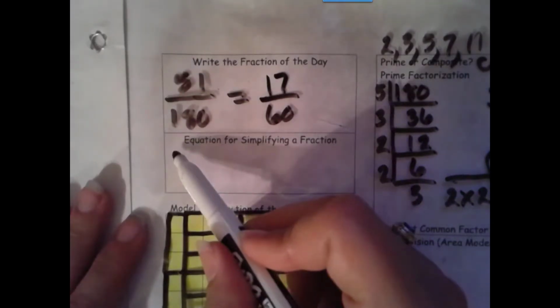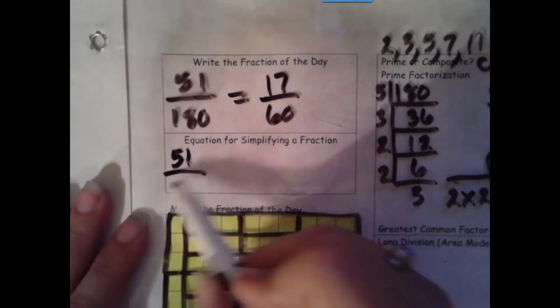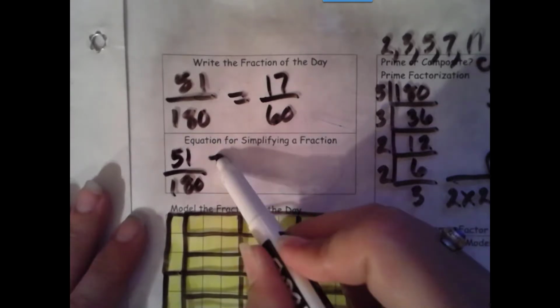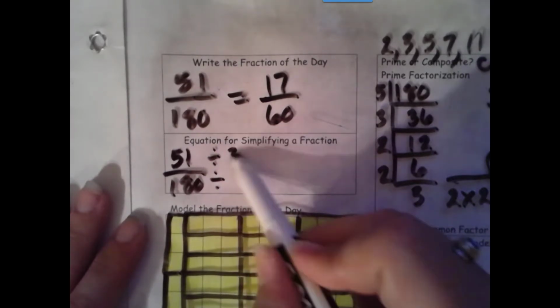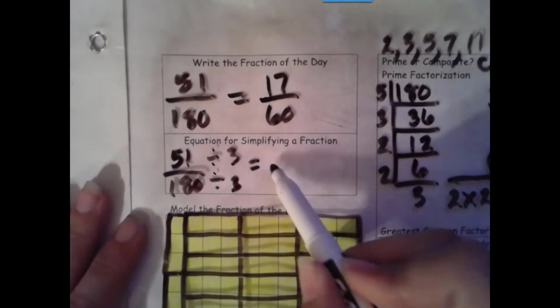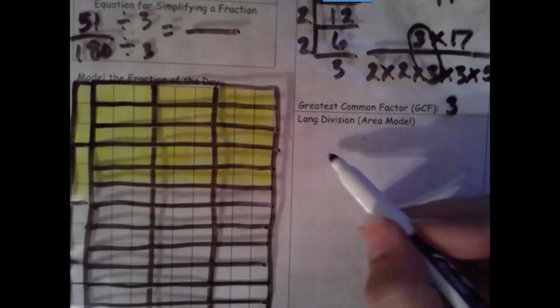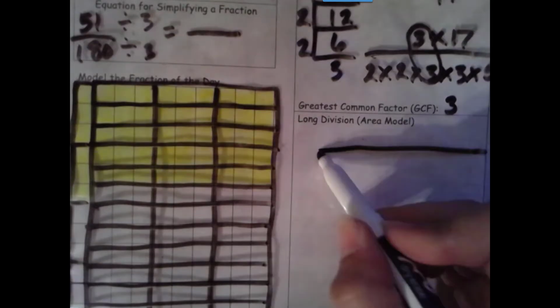Alright, so we've done our division with our model. Let's go ahead and prove it with our algorithm. Remember, an algorithm is just a step-by-step way of solving a problem. We're going to use our area model here.